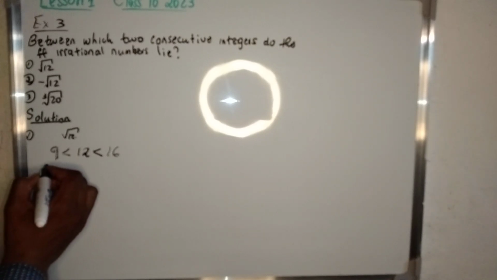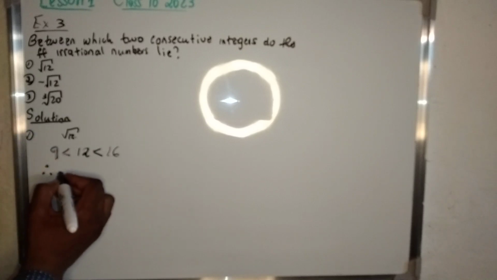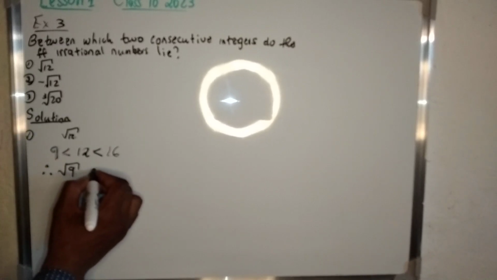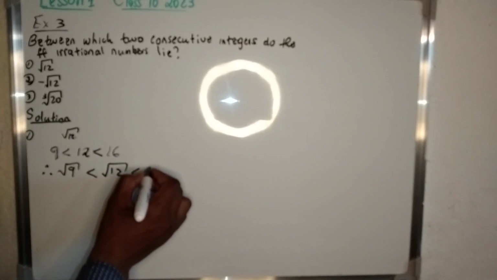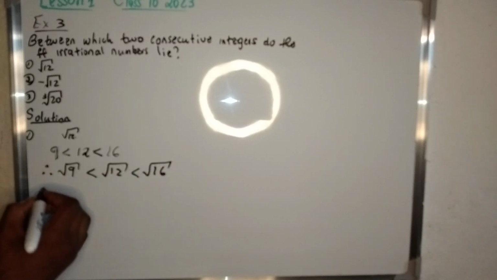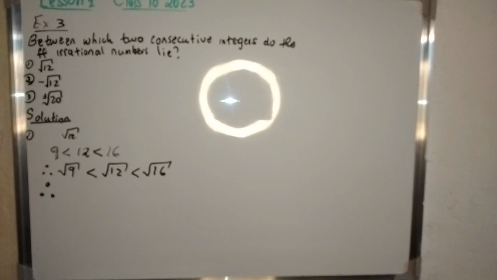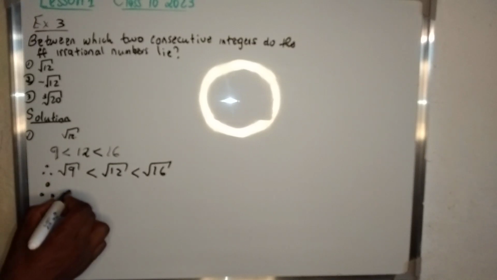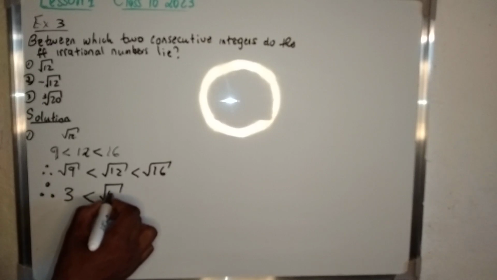Then now we simply take the square root of everything here. So it's going to be the square root of 9 less than the square root of 12 less than the square root of 16. Okay, so this is how, guys, you find the two consecutive integers. Then what is the square root of 9? Definitely it is 3, less than root 12.